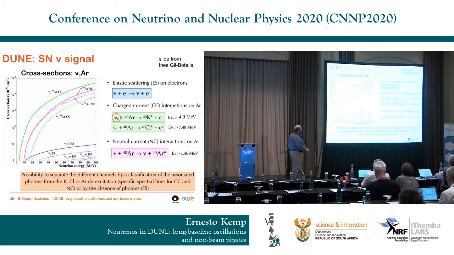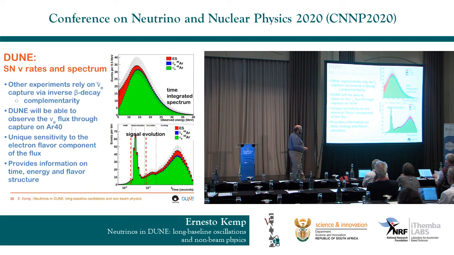Combining the different response of the detector for the 4 different channels, we can have more detailed information on the spectrum. So this is the time integrated spectrum with the total number of events distributed in energy, and this is the signal evolution in time.